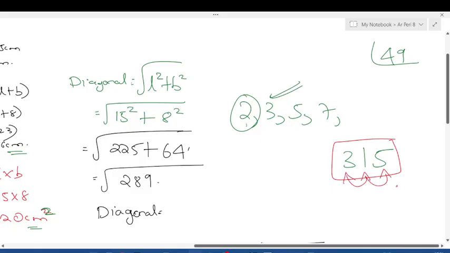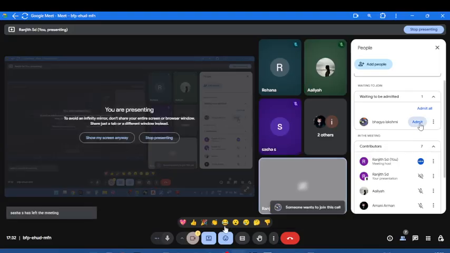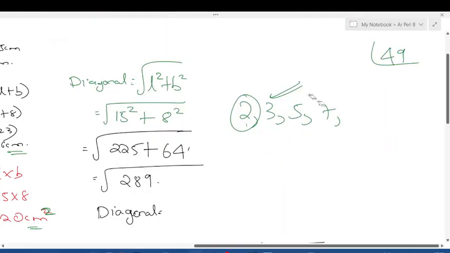What is 3 plus 1? 4. 4 plus 5? 9. Is 9 divisible by 3? Do we have 9 in 3 times table, students? So therefore 315 will be divisible by 3. Is it clear? Just add the numbers. Look here.